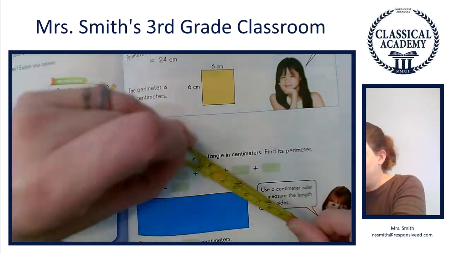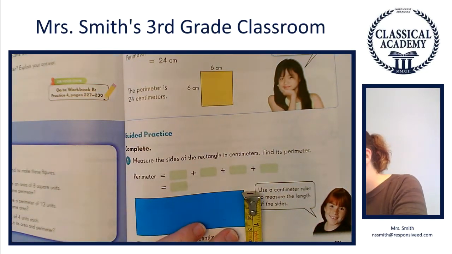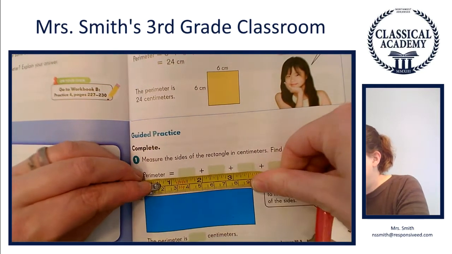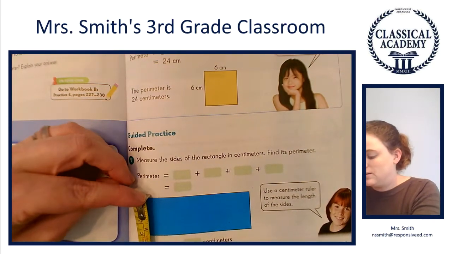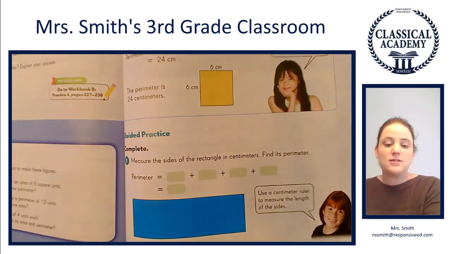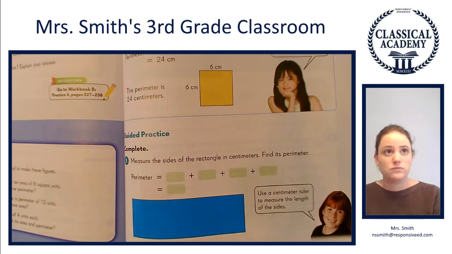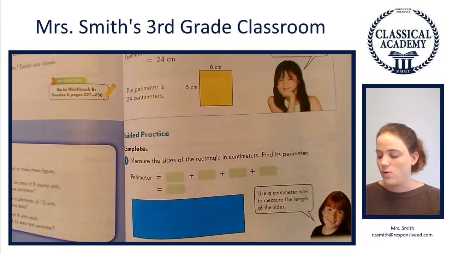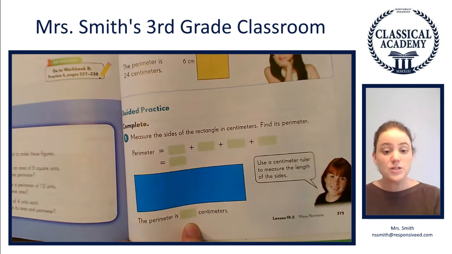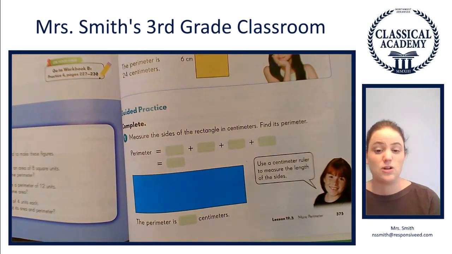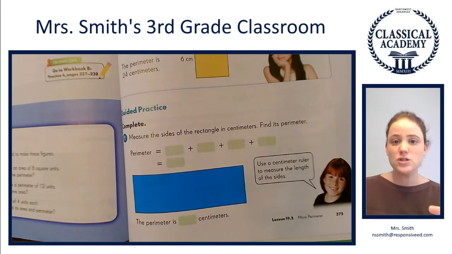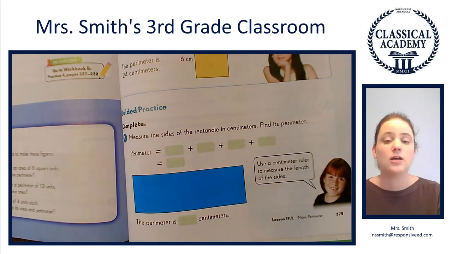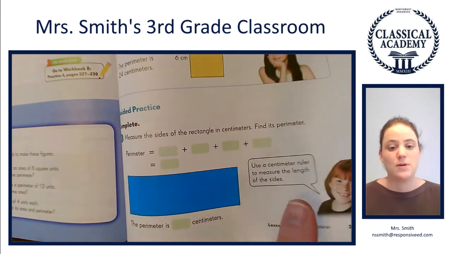So 9, 3, 9, and 3. So 9 plus 3 is 12, plus 9 plus 3, which is also 12, is going to equal 24. So the perimeter of this rectangle is 24 centimeters, and it's not just representing 24 centimeters, it is actually 24 centimeters because we measured it with a ruler.